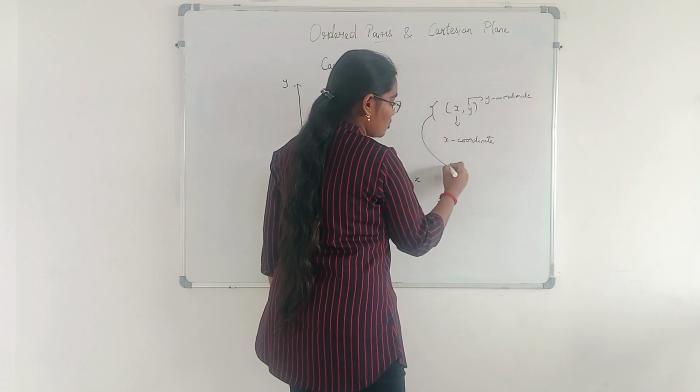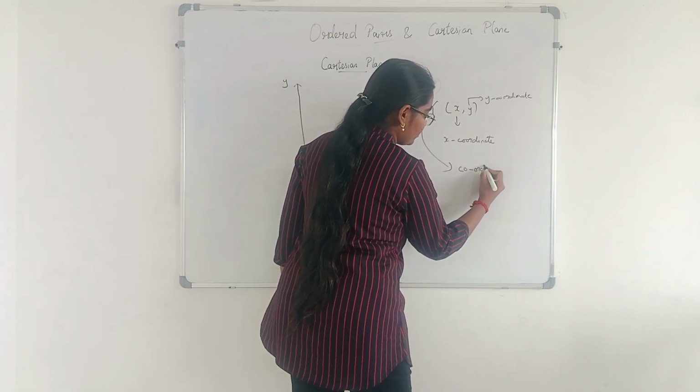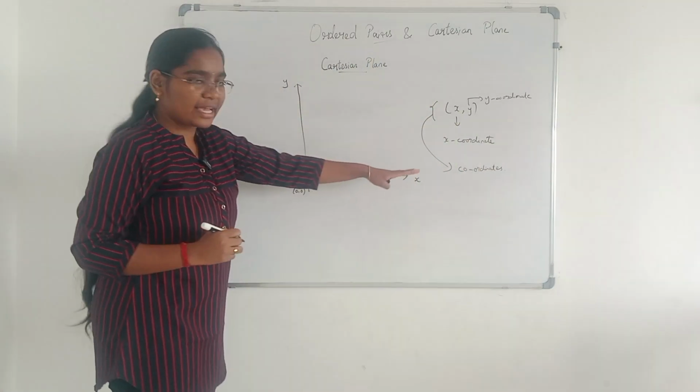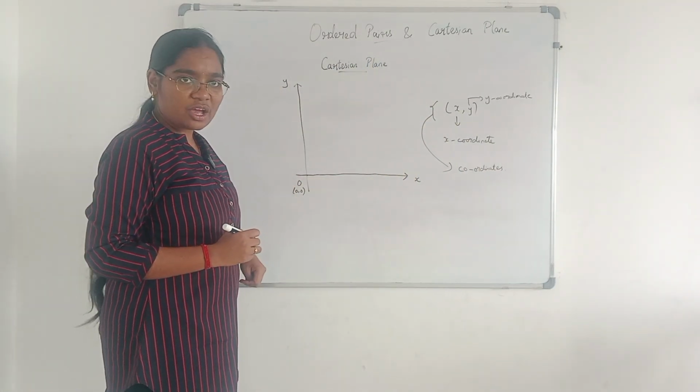Together x and y are known as coordinates. Here this is the x-axis, the y-axis, and this is the origin.